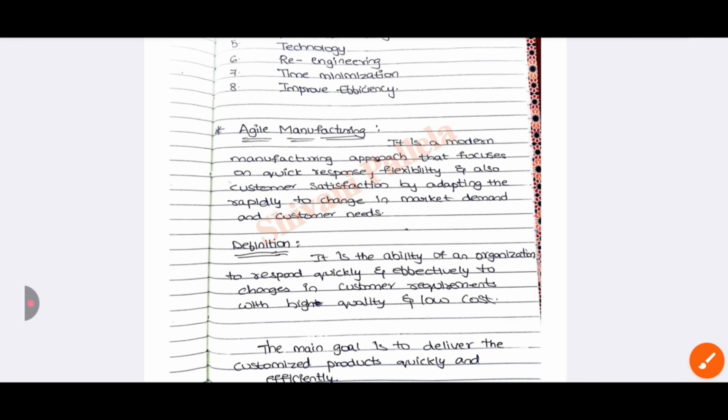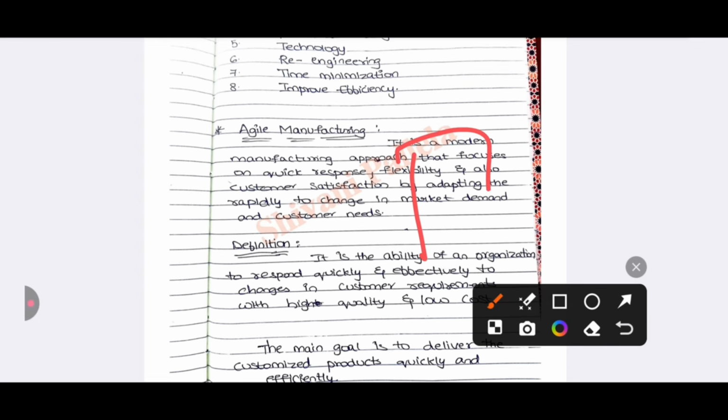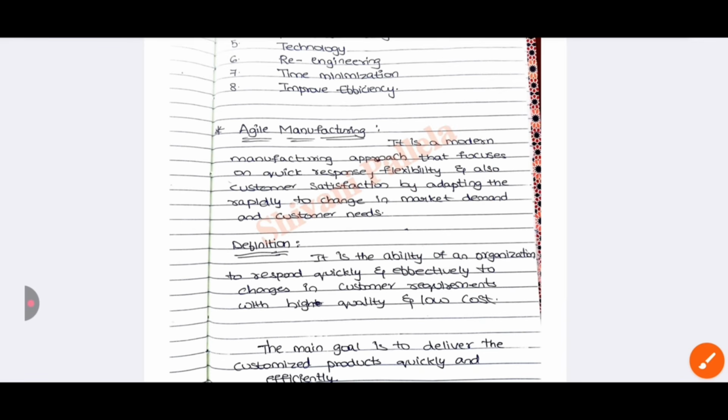For example, on Instagram one dress has gone viral, and many people prefer that dress. If you have agile manufacturing, within one day you can print a similar product and sell it. So adapting to recent trends can be achieved with agile manufacturing. That is a quick response to meet customer satisfaction.